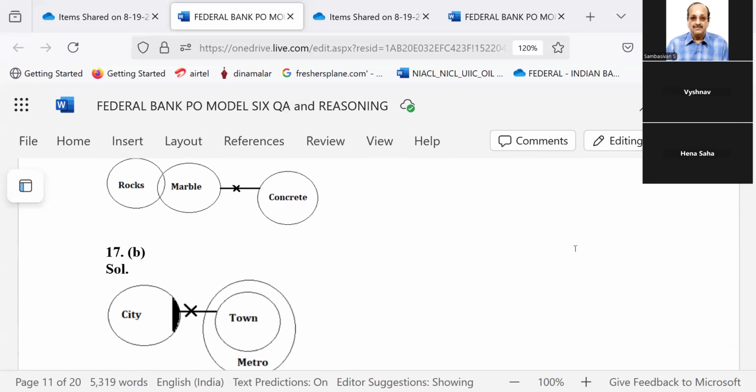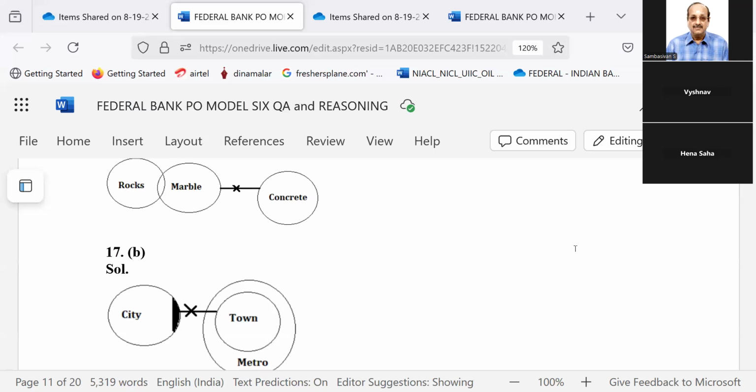All towns are metro. Some city or metro. All city being metro is a possibility. I don't know how that possibility comes, but sir, that's what.